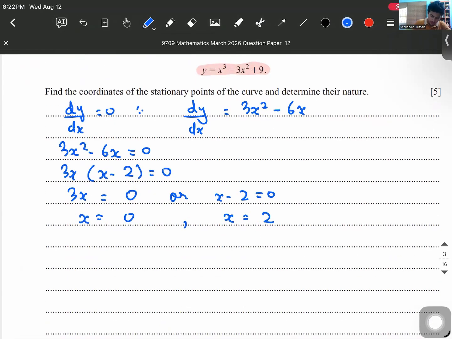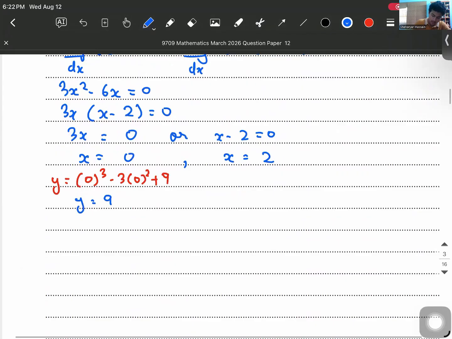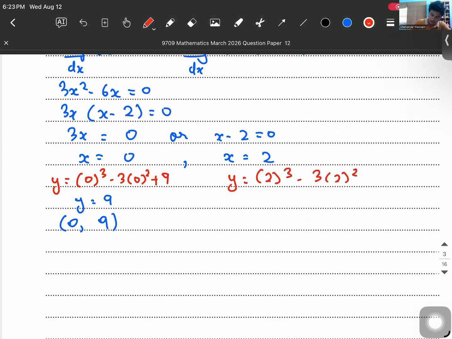Now, plugging it into the equation, y equals 0 cubed minus 3 times 0 squared plus 9. We get the y value as 9. So one coordinate is (0, 9). And once we plug in the other, 2 cubed minus 3 into 2 squared plus 9, this turns out to be 8 minus 3 into 4, 12, plus 9.